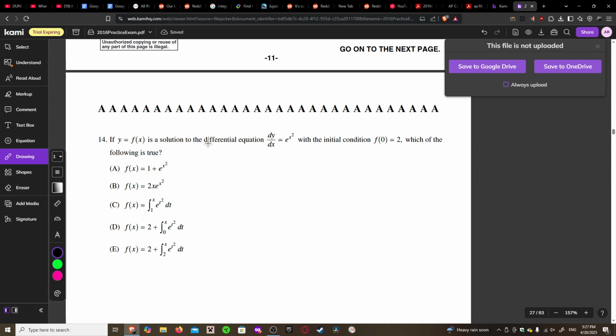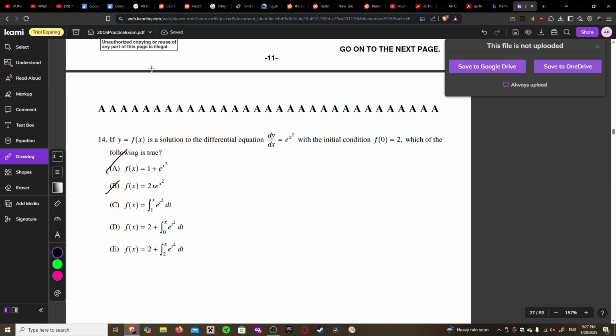If y equals f of x is the solution to the differential equation dy/dx equals x e to the x squared with the initial condition f equals 0, which of the following must be true? What the hell? That's a non-elementary integral. I knew this. Oh no, you're not finding the derivative.